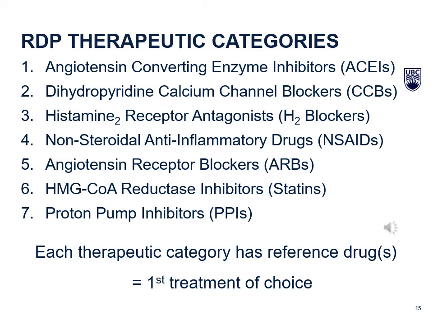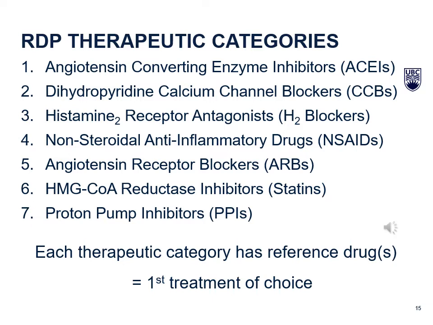There's angiotensin-converting enzyme inhibitors, we call these ACE inhibitors, dihydropyridine calcium channel blockers, histamine H2 receptor antagonists, non-steroidal anti-inflammatory drugs, we also call these NSAIDs, angiotensin receptor blockers, or ARBs, HMG-CoA reductase inhibitors, or statins, and finally proton pump inhibitors, also called PPIs.